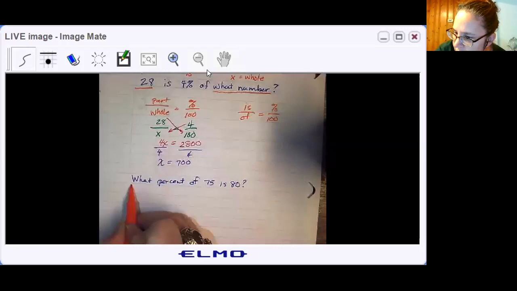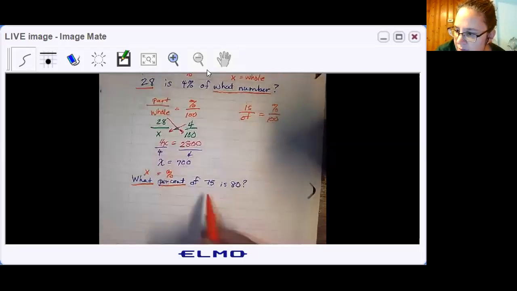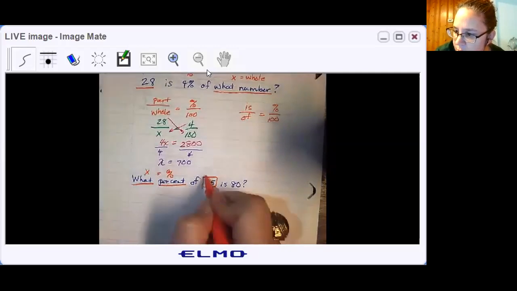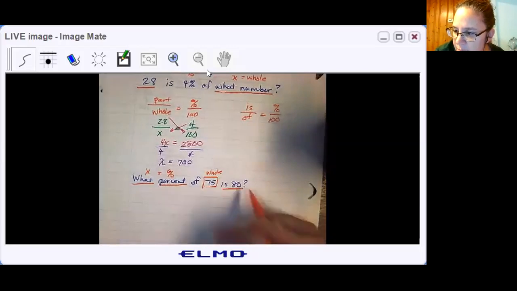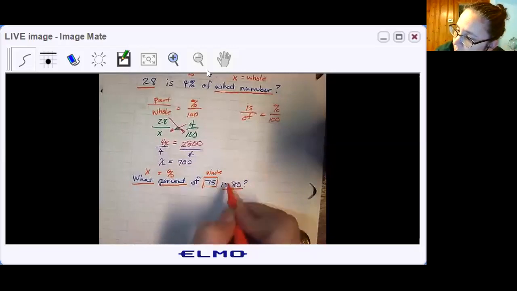What tells us where our variable goes? Percent tells us what our variable goes with, okay? Of 75, so this is the of part, this is the whole, is 80. Okay, so this is the part.